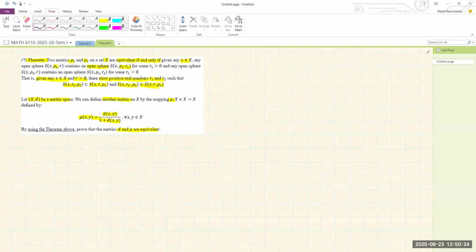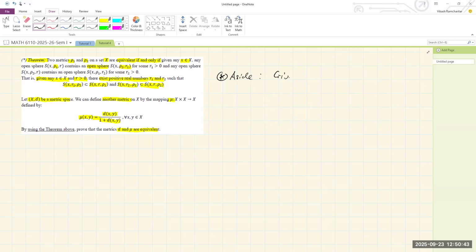So just a side note, this metric mu is very important because, let's say the metric space (X, D) is unbounded.